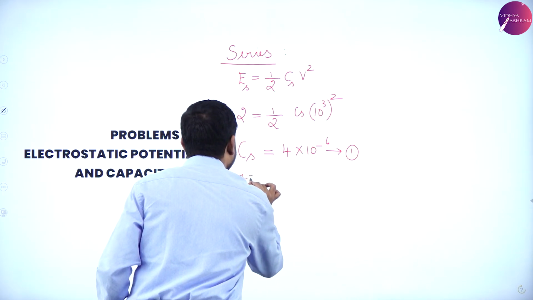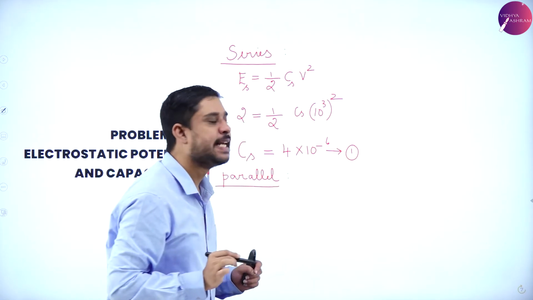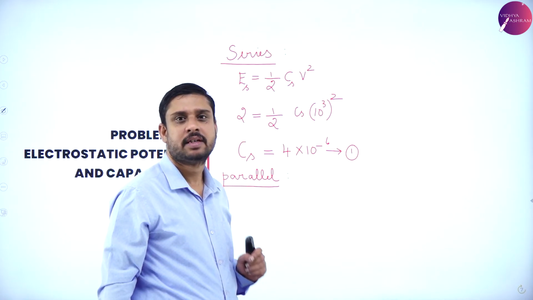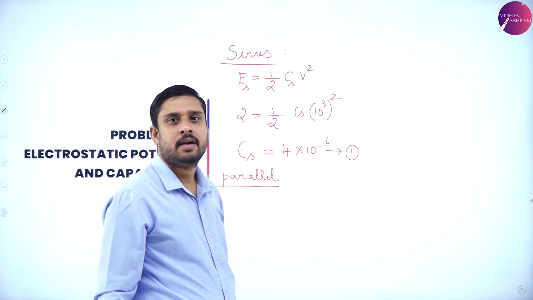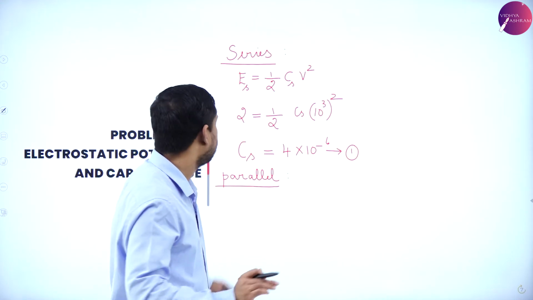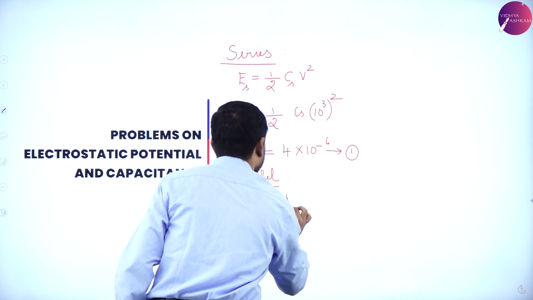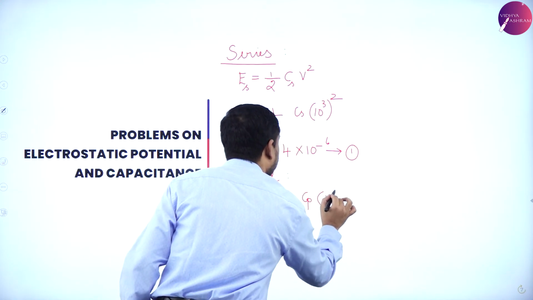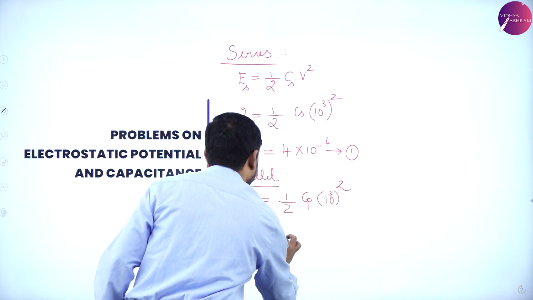Now, when they are connected in parallel, the same two capacitors across the same line, the energy is 9 joule, equal to half Cp into 10 to the power 3 whole square.